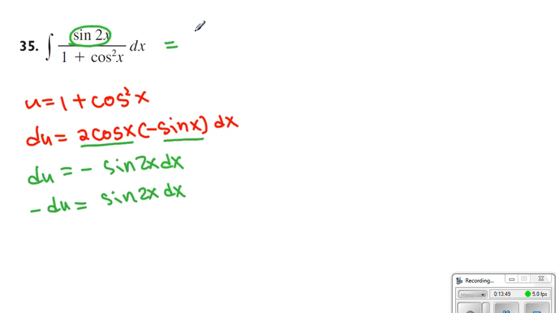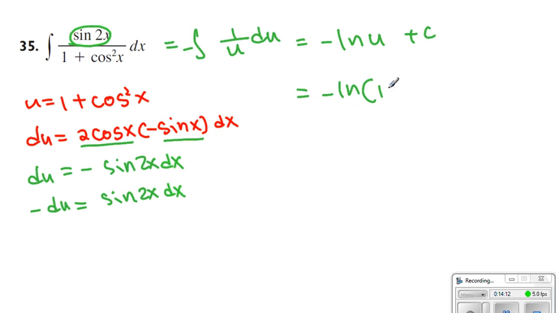And now this can be rewritten as negative, by this negative sign, 1 over u du, and this becomes negative ln of u plus c. Now this becomes negative ln of, in place of u, 1 plus cosine square x plus c.